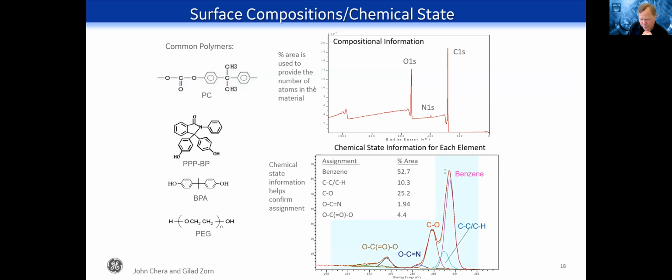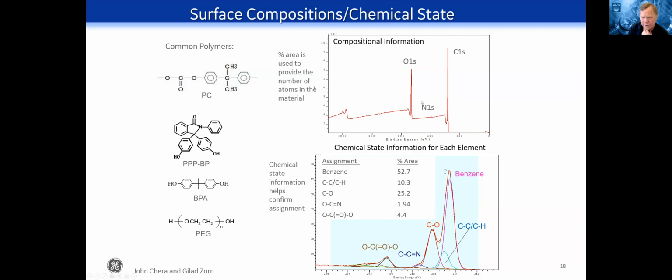What's even more important and useful for many applications is the high energy resolution scans of a certain region, for instance, the carbon 1s region here, because what we could do is separate out the chemical functionality of the material.